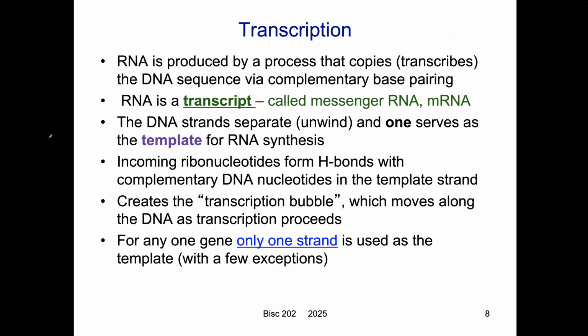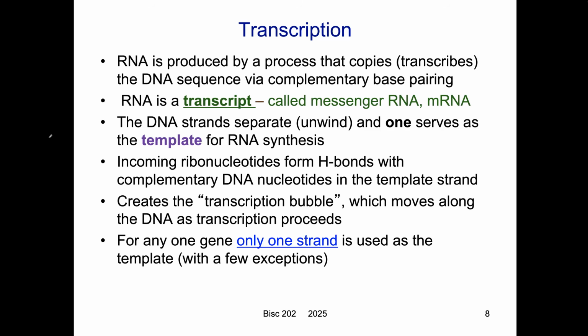Okay, so RNA is produced through the transcription process, and in transcription, the DNA of a particular gene opens up. The strands separate and unwind so that the DNA has a little bubble. It looks very much like the replication bubble that we talked about last time.